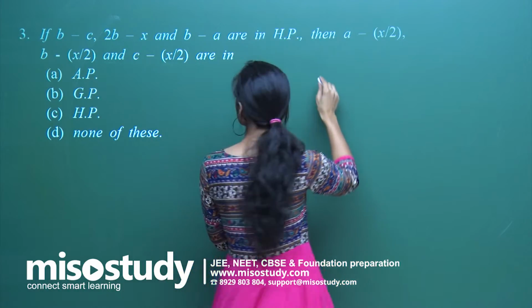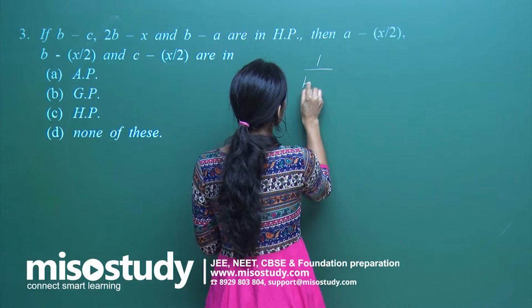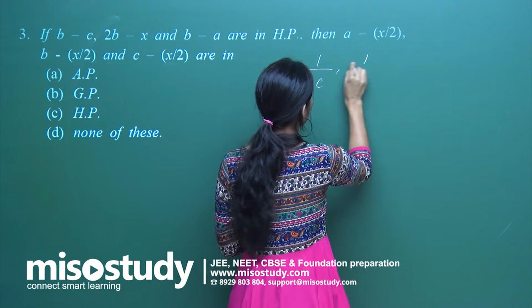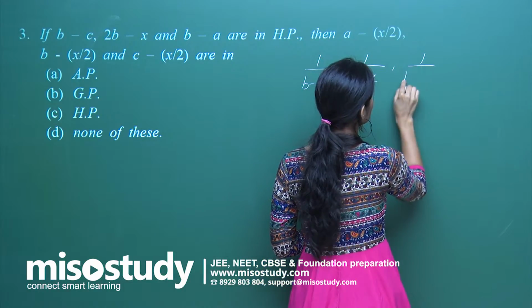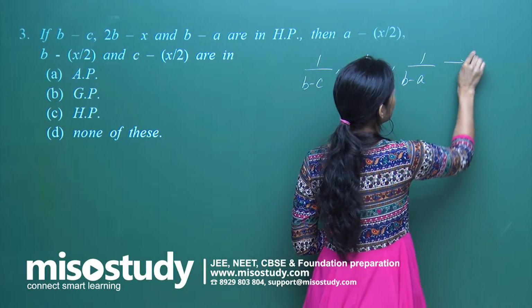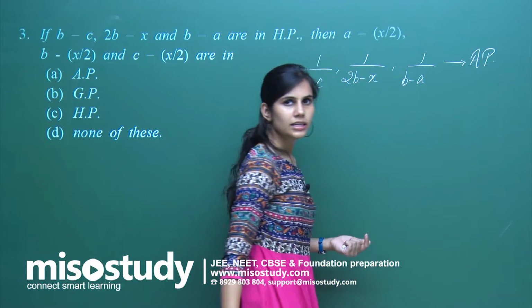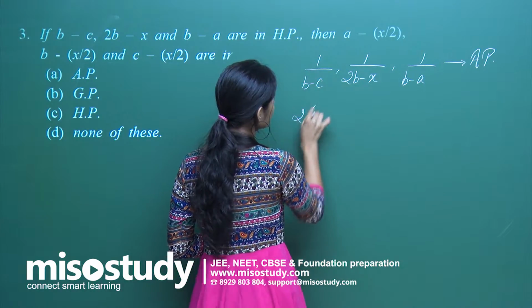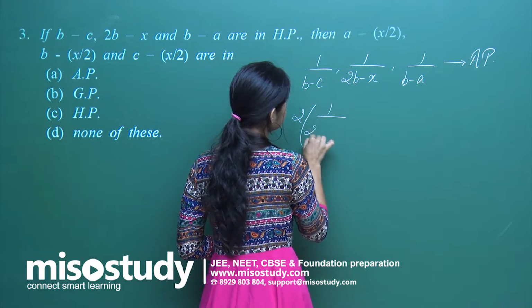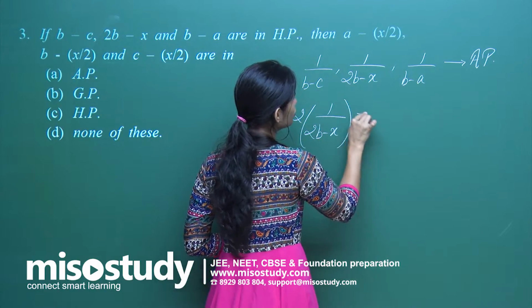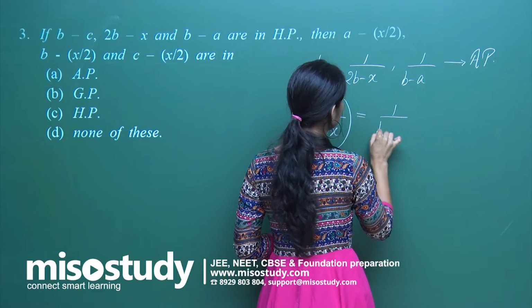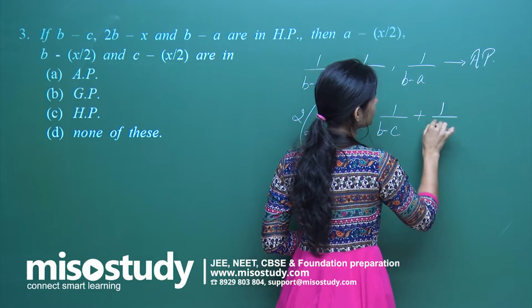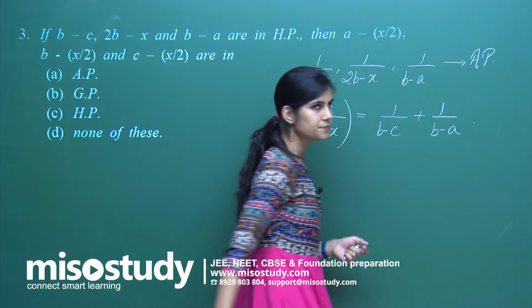So 1 upon B minus C, 1 upon 2B minus X, and 1 upon B minus A are in AP. This means twice the middle term is equal to the sum of the first and the third, so 1 upon B minus C plus 1 upon B minus A.